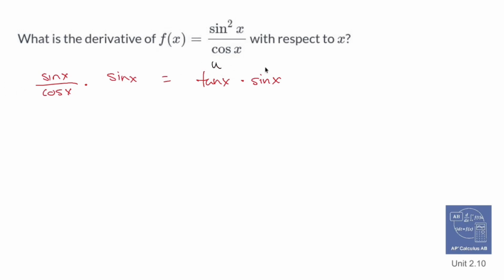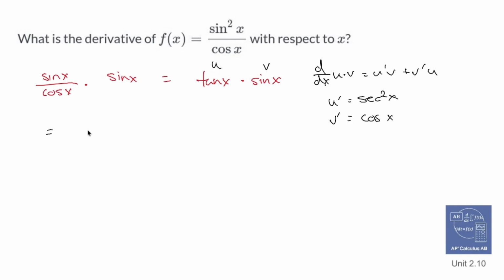I'll call you u and I'll call you v and remind myself that d dx of u times v is u prime v plus v prime u. The derivative of u is the derivative of tangent, which is secant squared x. Memorize that. V prime is going to be the derivative of sine, which is regular old cosine, no negatives. So now this is just a matter of me putting together the product rule.